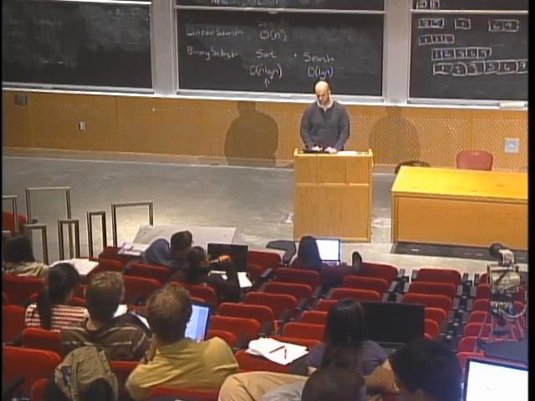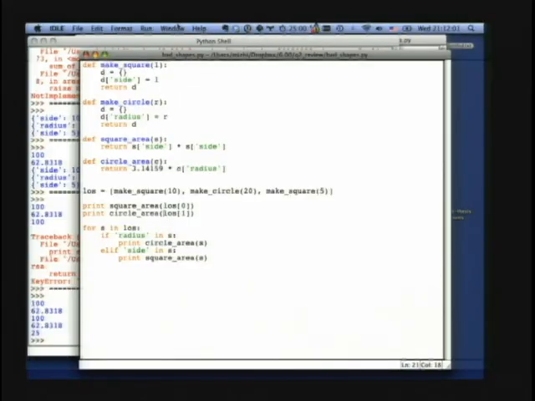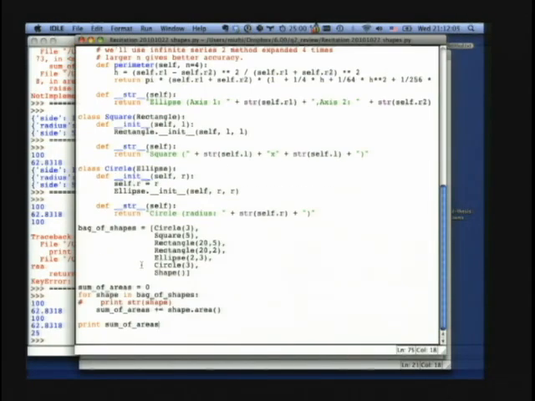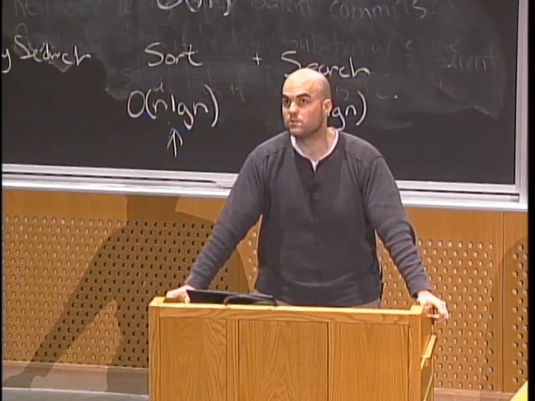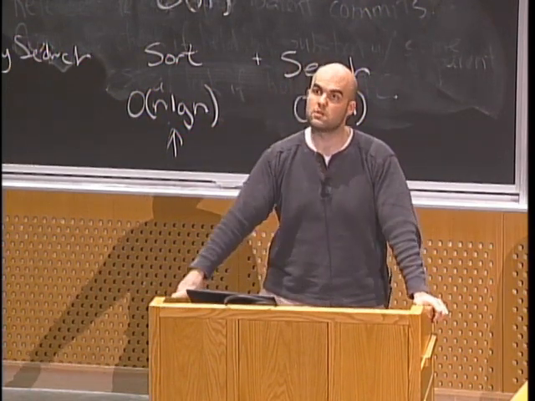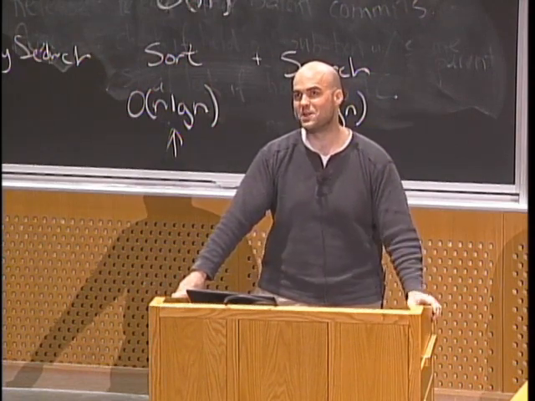Whereas if I invest a little bit of time in a class hierarchy, I can do this much more easily, much more cleanly. It's a way of kind of abstracting from the problem. You don't have to worry about the details of the individual shapes. Did I kill that and beat it into the ground?